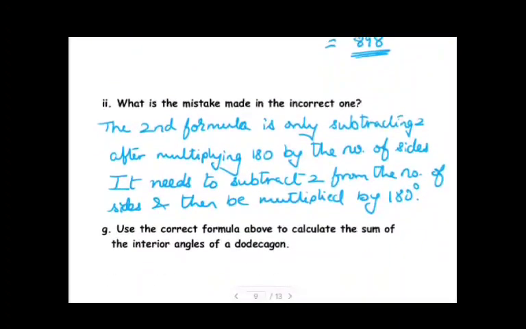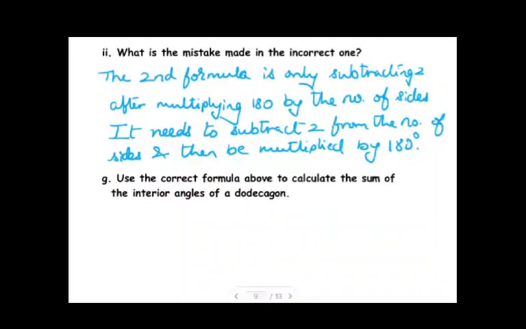Alright. What do we have next? Use the correct formula above to calculate the sum of the interior angles of a dodecagon. A decagon is a 10-sided figure. A dodecagon is a 12-sided figure. So using our formula, the sum is equal to n minus 2 into 180.